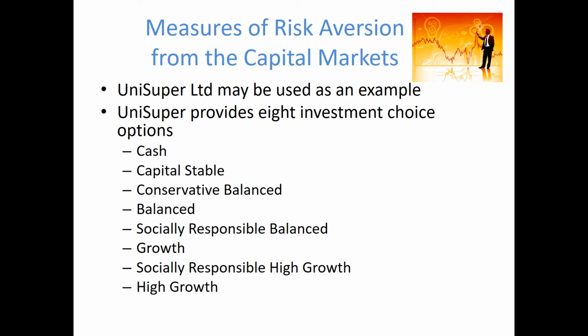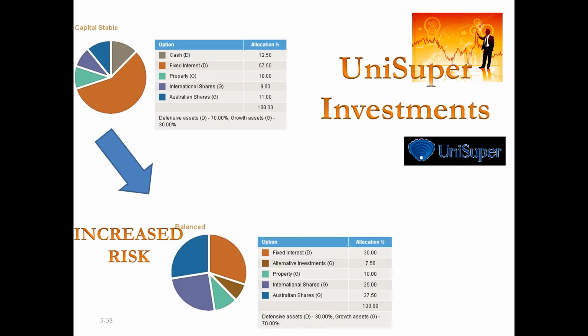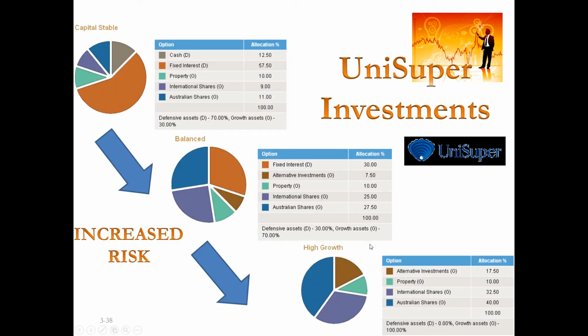As we move down here and see the asset allocation into different asset classes under different portfolio choices, we can see that risk increases because we are allocating higher wealth to risky assets, for example, equities.